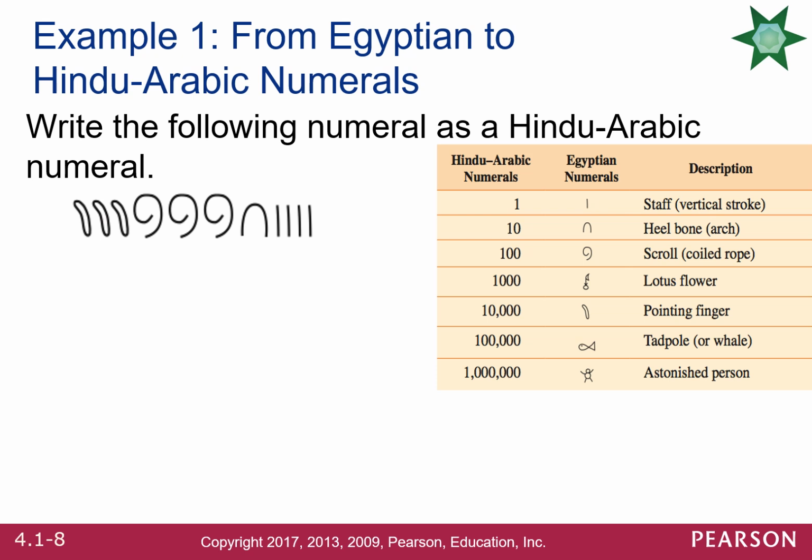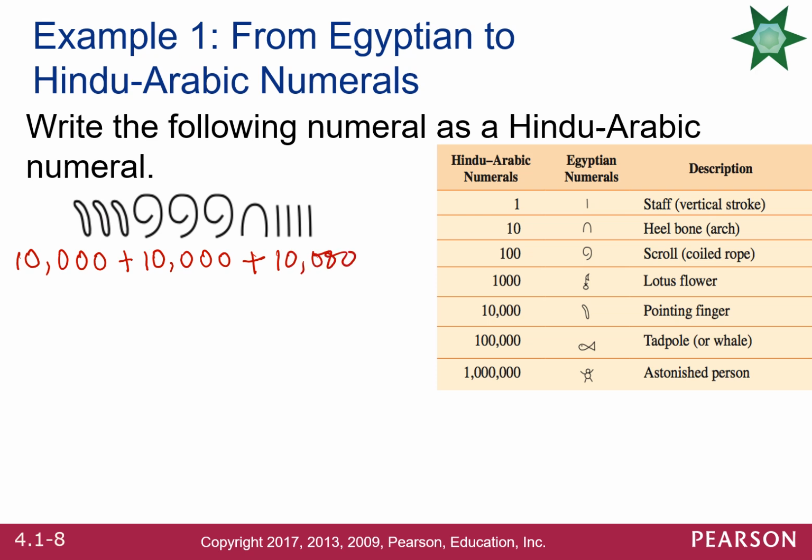All right, so let's try to do that here. The pointing finger represents the number 10,000, right? So I'm going to put here 10,000, and we have 3 of them. So 10,000 plus 10,000 plus 10,000.